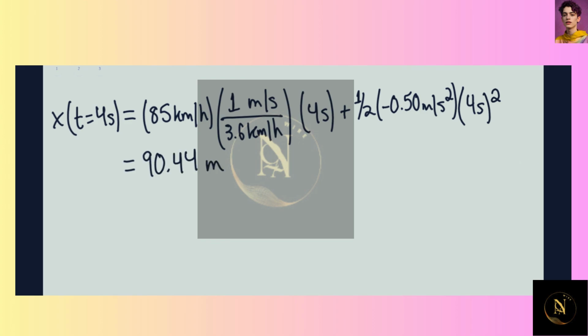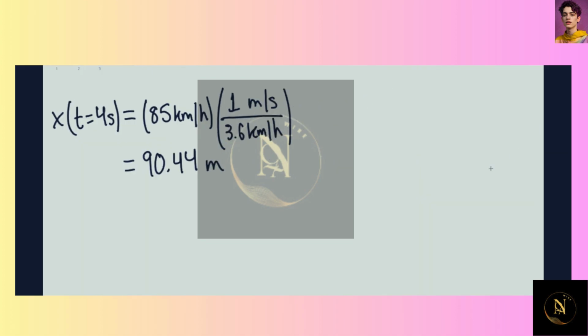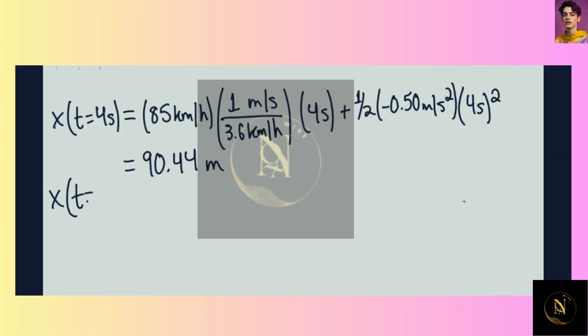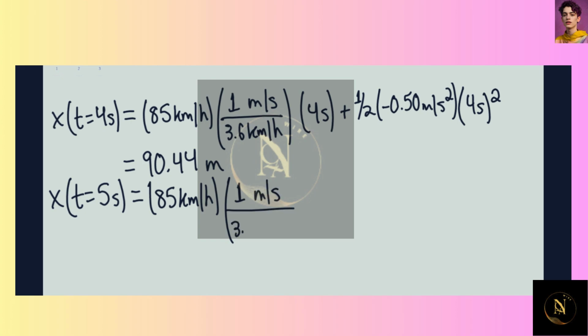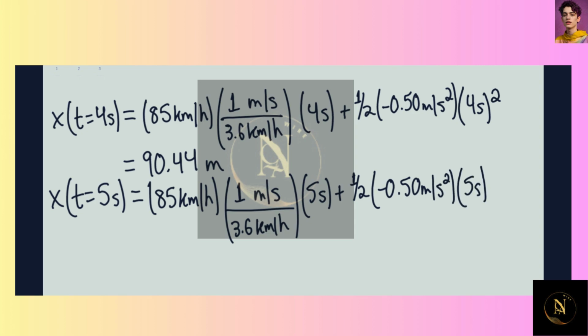Don't round until the very end. And then x at t equals 5 seconds would be equal to 85 kilometers per hour multiplied by 1 meter per second divided by 3.6 kilometers per hour multiplied by 5 seconds, and then plus 1/2 times negative 0.50 meters per second squared times 5 seconds quantity squared.